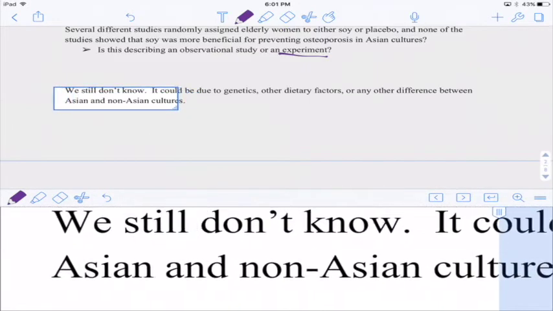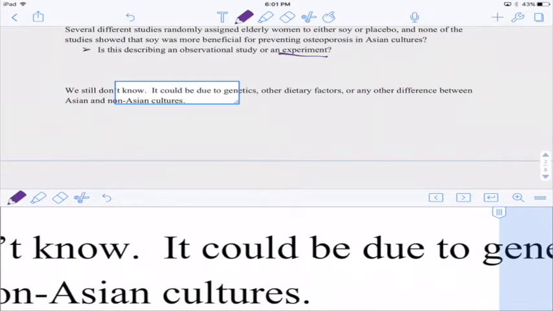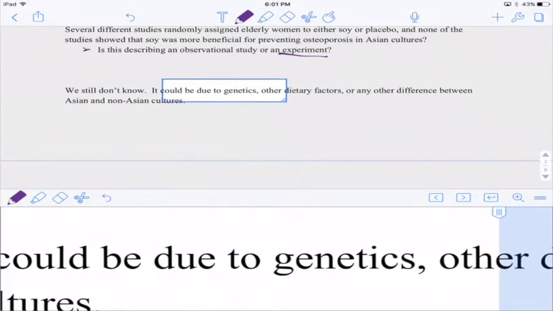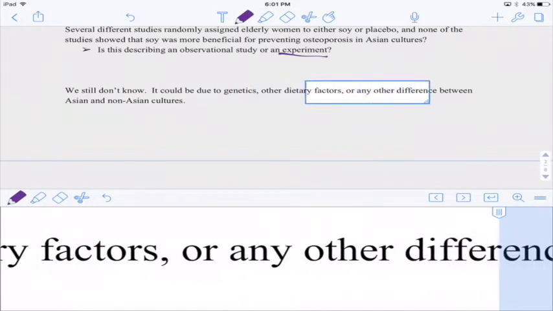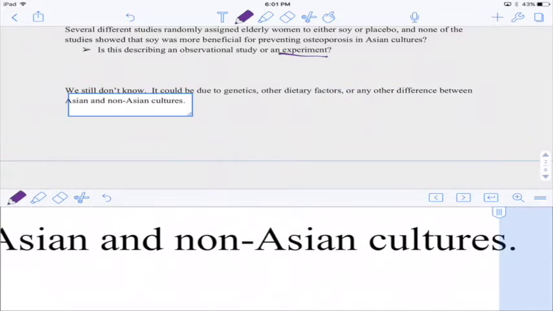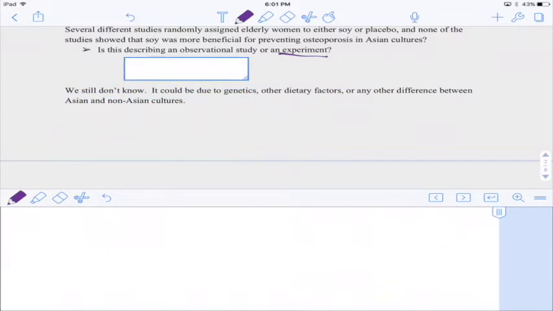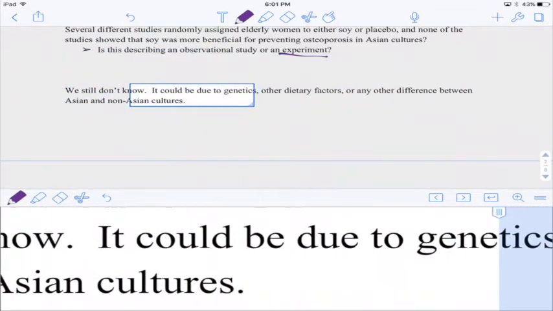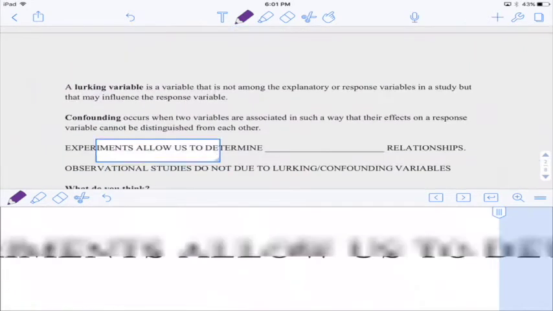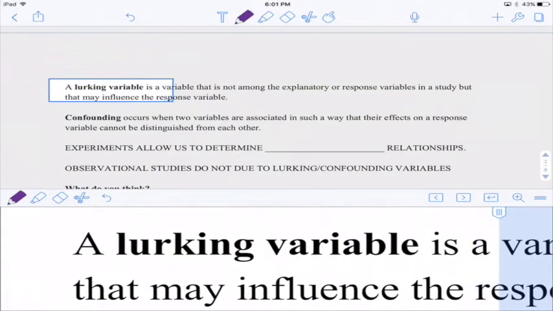We still don't know. It could be due to genetics, other dietary factors, or other differences between Asian and non-Asian cultures. So even though we ran this whole experiment, it doesn't tell us exactly what's going on, but it gives us an idea. So what we have is a lurking variable.